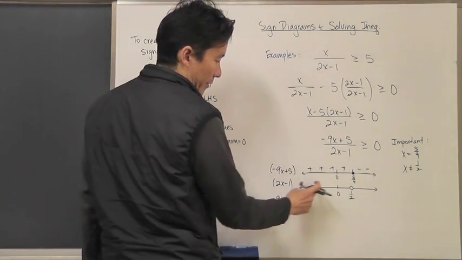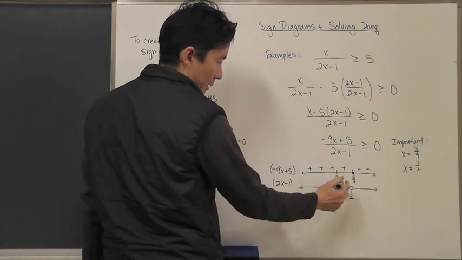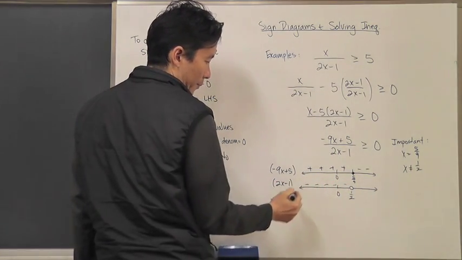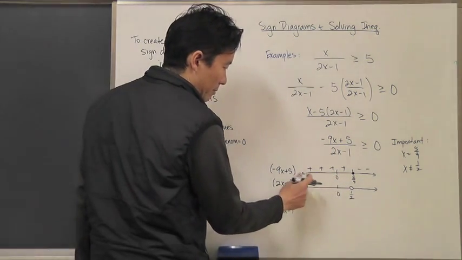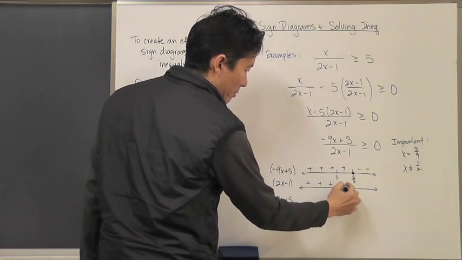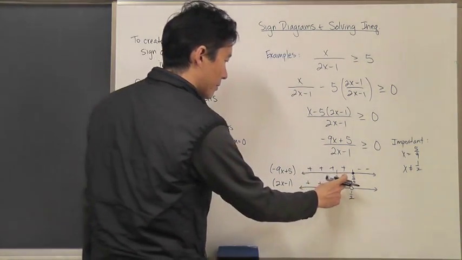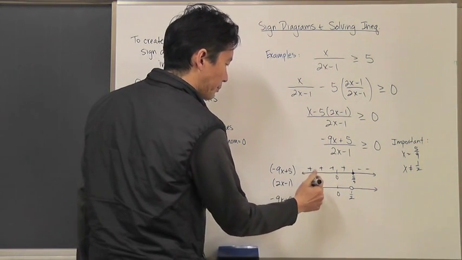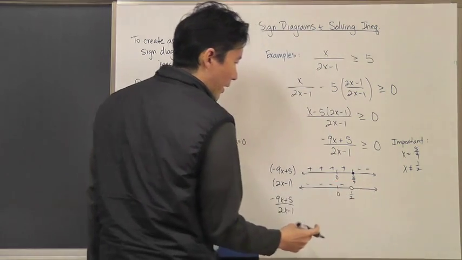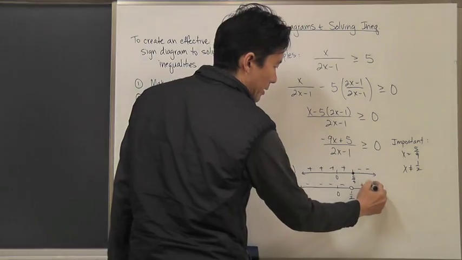Now if I take a value of 0, notice that if I put 0 in here, everything to that side is going to be negative. And if I pick anything that is greater than 1/2, then that's always going to be a positive value.